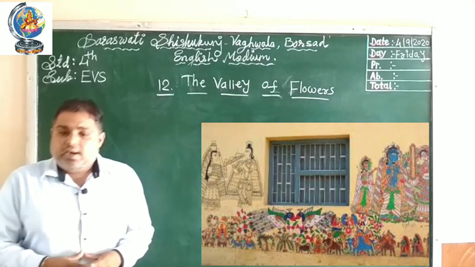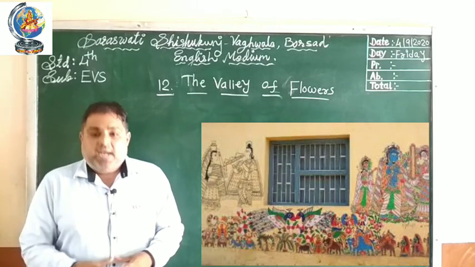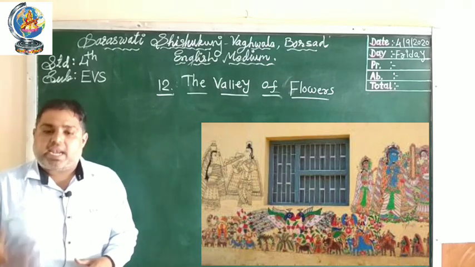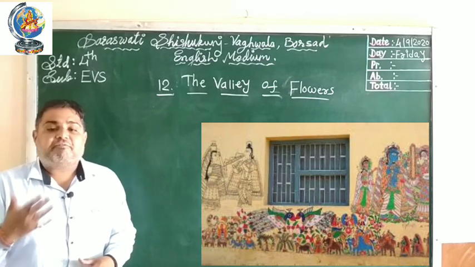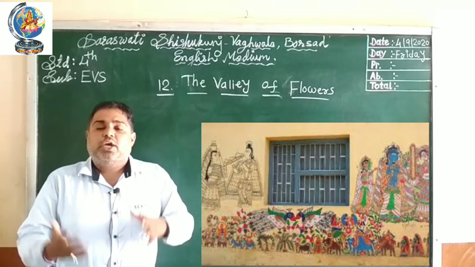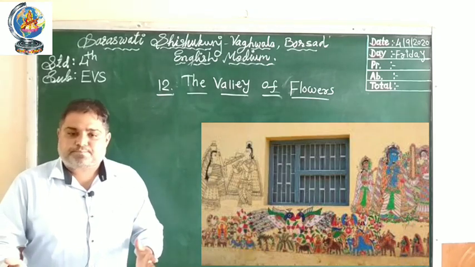This type of colors from flowers and trees are used. The paintings show human beings, animals, trees, flowers, and birds. This type of painting you can see in these Madhubani paintings.